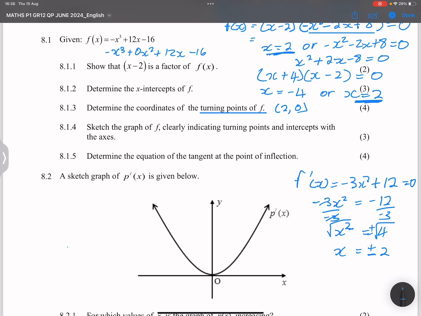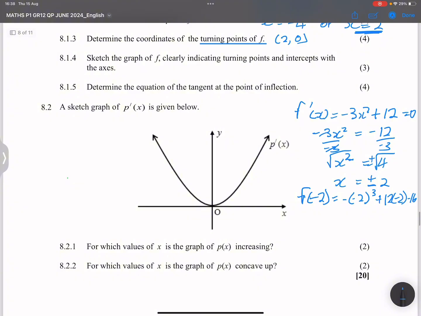So the other one, all I need to do is substitute negative 2 into the original equation. So that's negative 2 cubed plus 12 times negative 2 minus 16. All right, sorry for squeezing that in there.